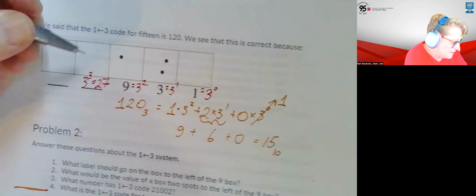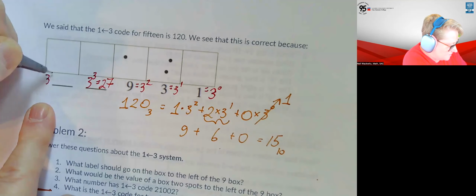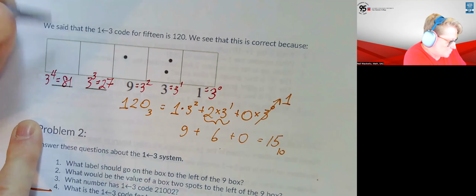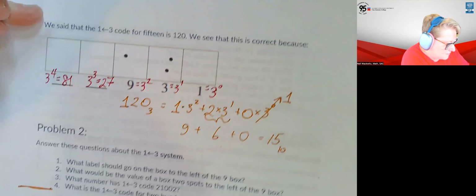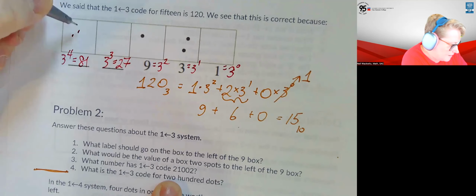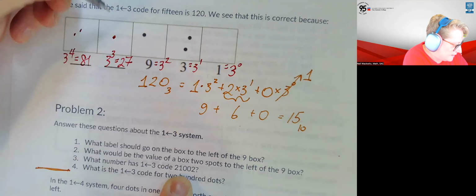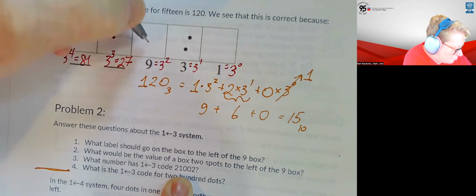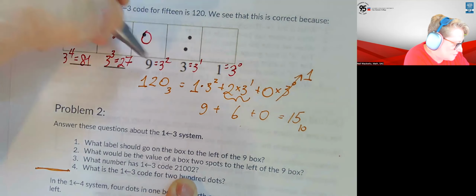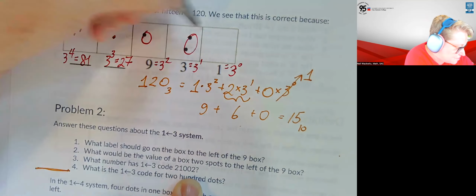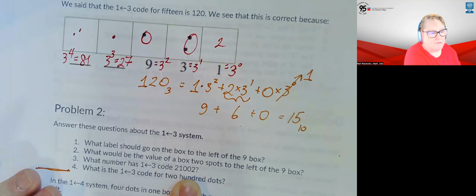So, and let's see, 1 more place, 3 to the 4th, that's 81. So if we had 2 in the 81's place, 1 in the 27's place, 0 in the 9's place, 0 in the 3's place, and 2 in the 1's, what do we have?